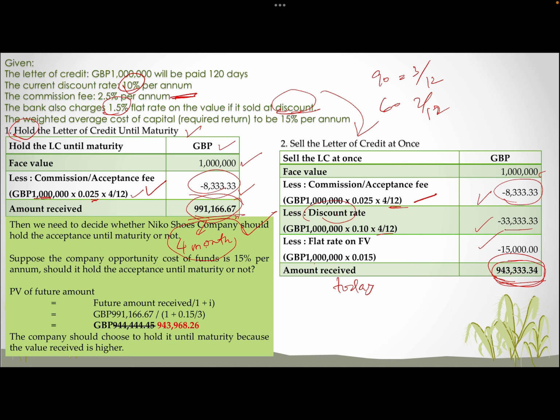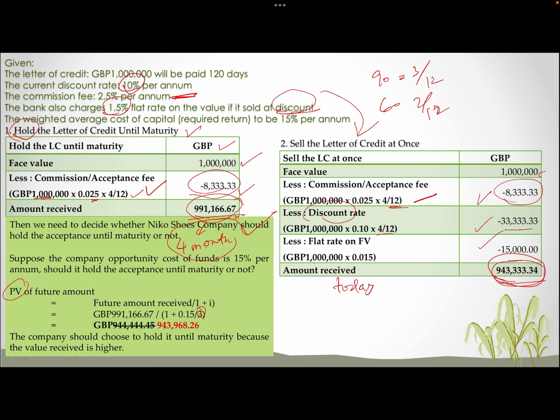Then we need to decide whether Nico Shoe should hold or sell. So you have to calculate the present value of the future amount. Here, the future amount received is divided by 1 plus 0.15, divided by 3.